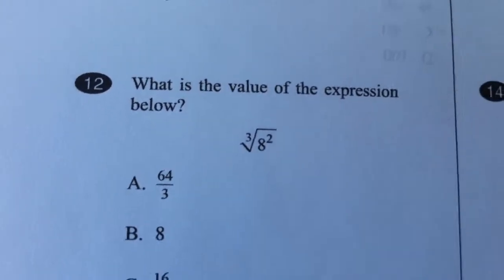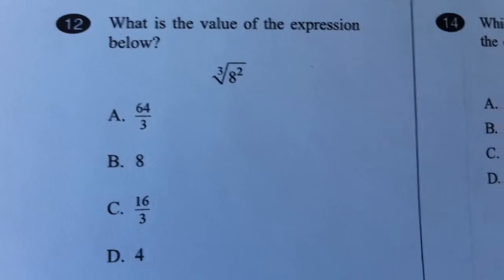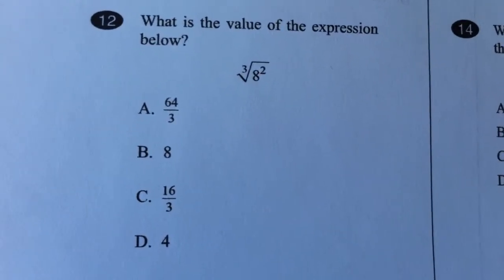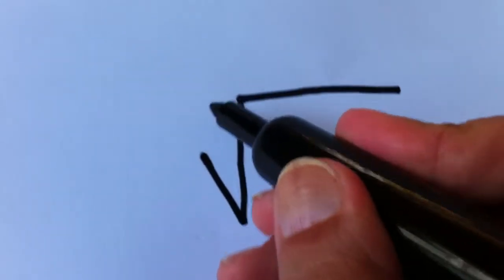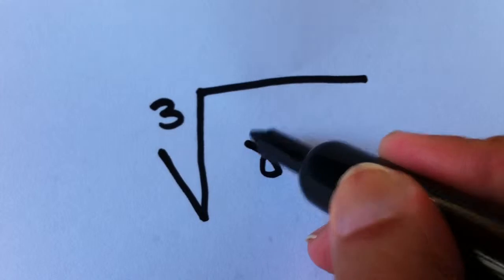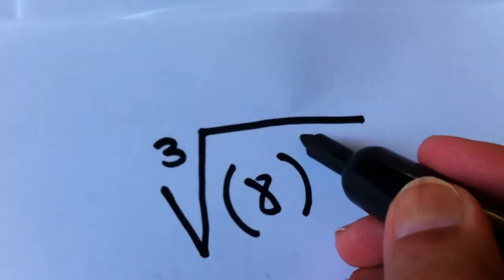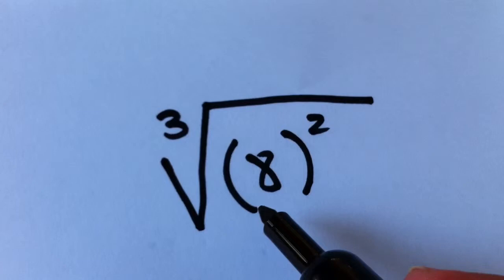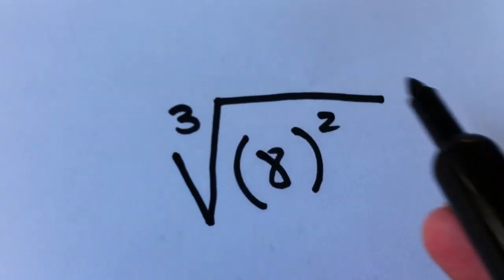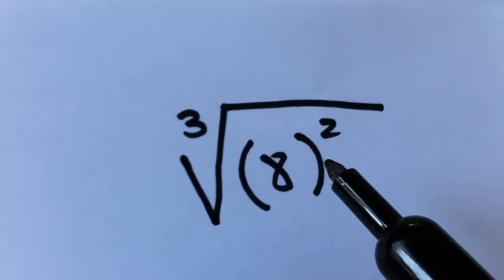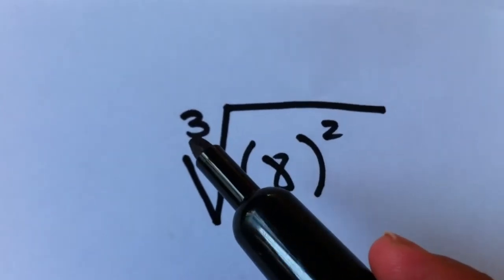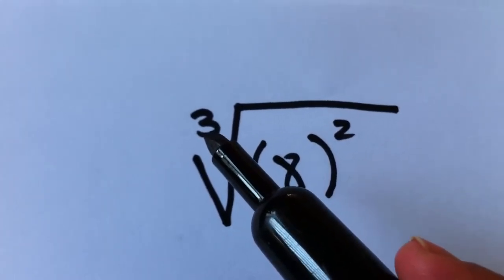I'm just going to start solving it, and while I'm solving it, I will also try to explain how to simplify this expression. The third root of 8 squared. Every time we have a radical sign and we want to simplify it, the first thing we try to do is match the number which shows what root you have to find.